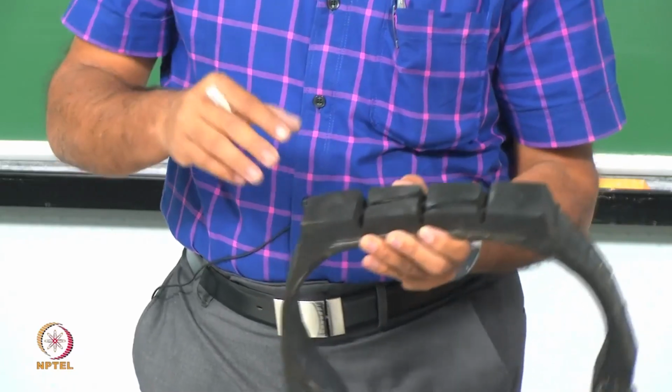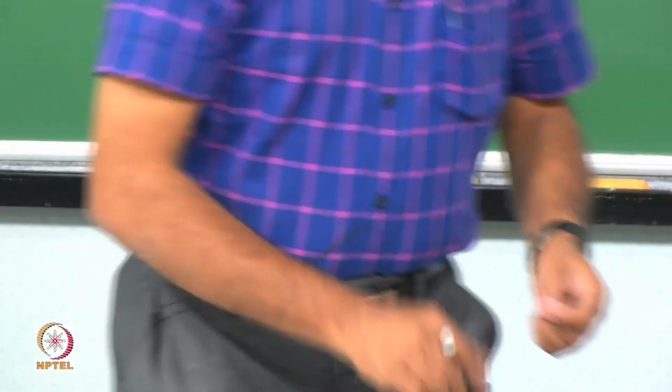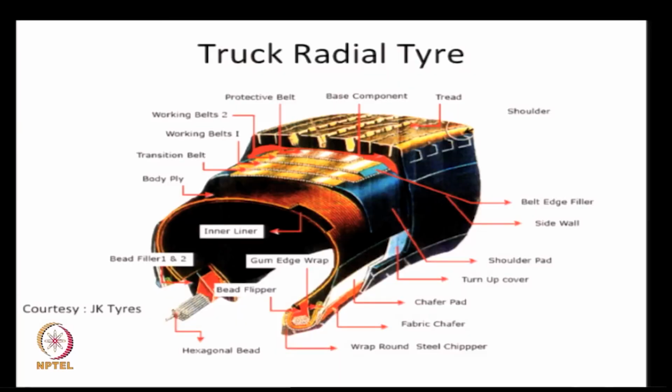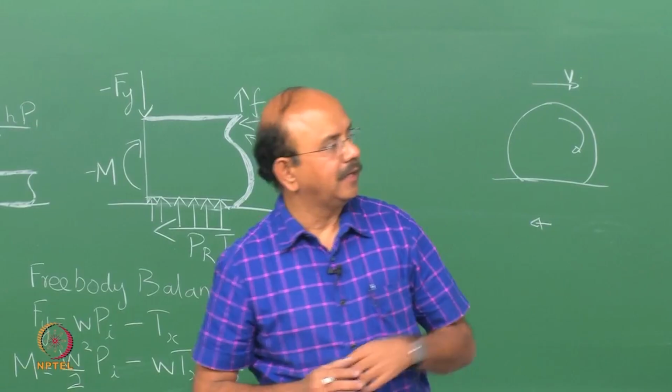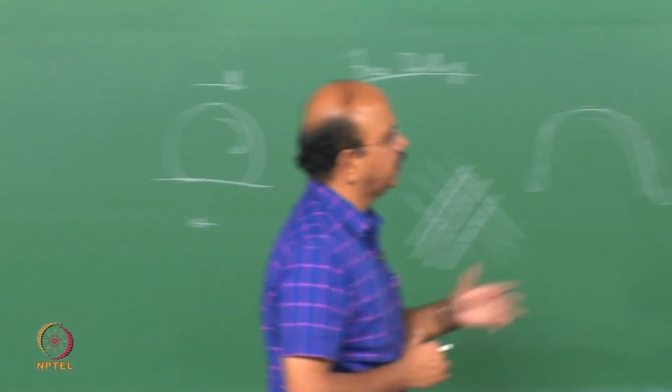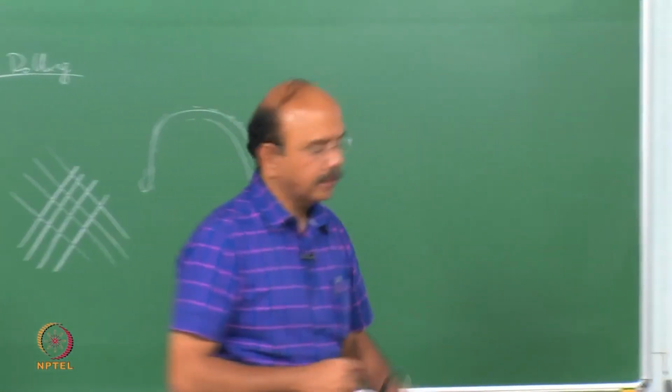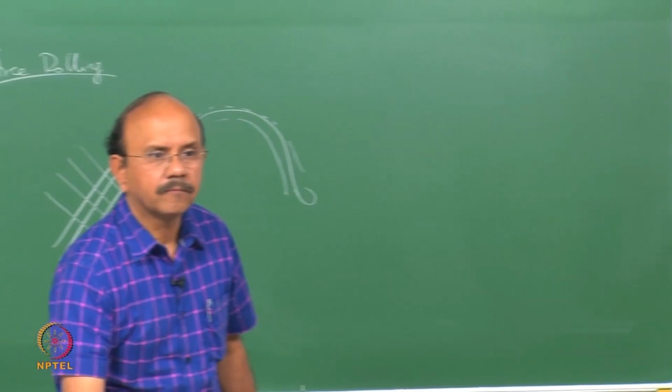The tread is the one which is in contact with the ground, and the mechanics has a lot to do with the tread as well as the belt, and how that interacts with the road. That becomes very important, and that's what we have been talking about, and we will continue to talk about that in this class.